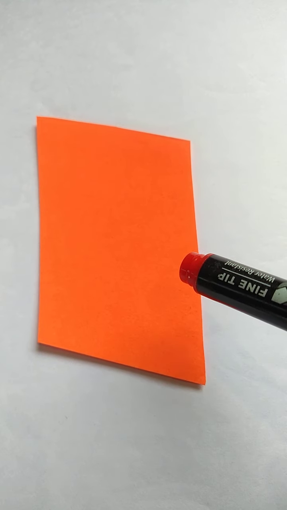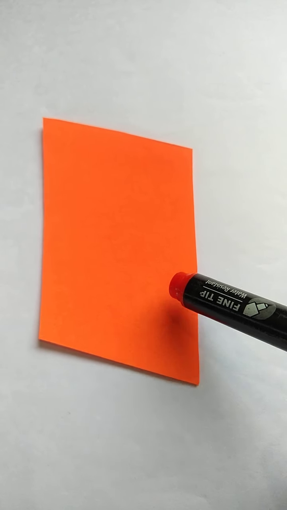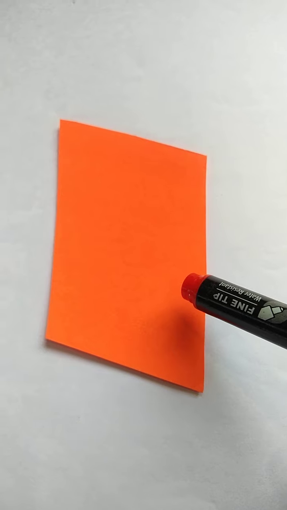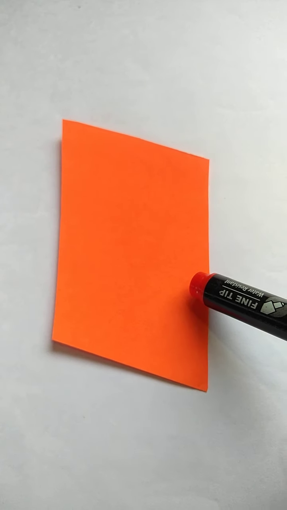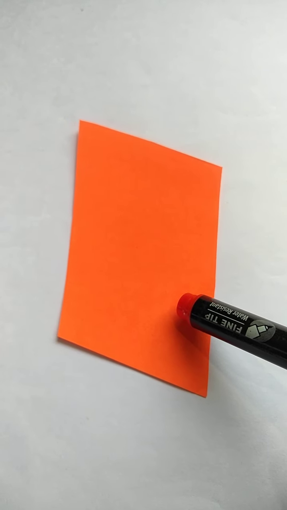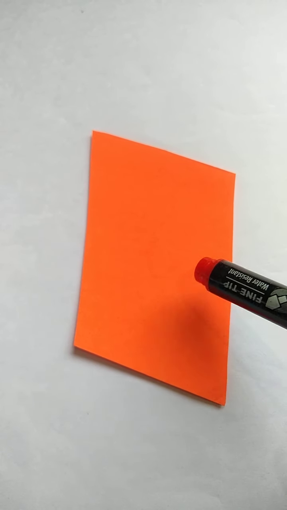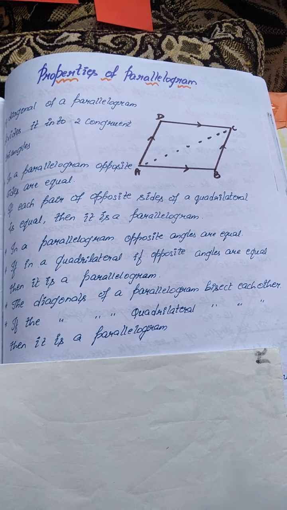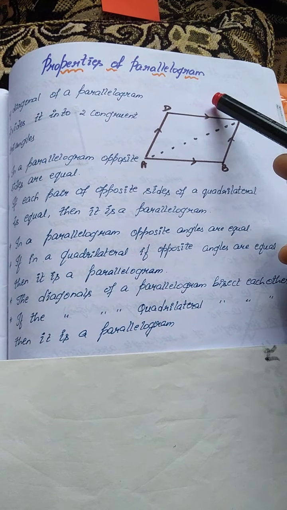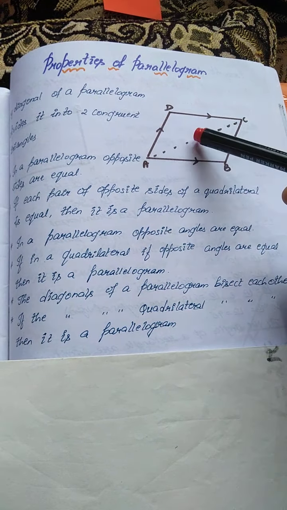So these are some properties of a parallelogram. If you have any doubt regarding this, and in your textbook there are some theorems also regarding this, the proof is not so important, children. If you practice and if you get any doubt in those theorems, you can directly call me and I will clear all your doubts. So here are the notes for the properties of parallelogram, children. You can just copy it down.